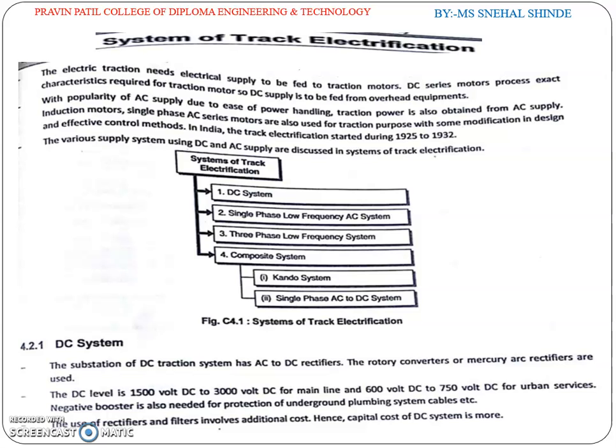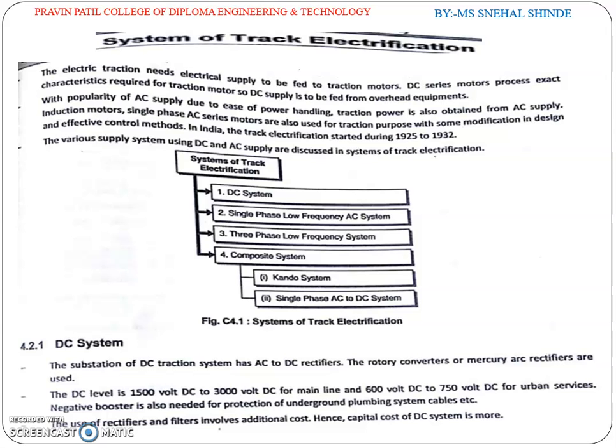So next is the three-phase low frequency system. In the three-phase low frequency system, two overhead conductors and one rail supply three-phase power to an induction motor. There is no need of a transformer in the locomotive.